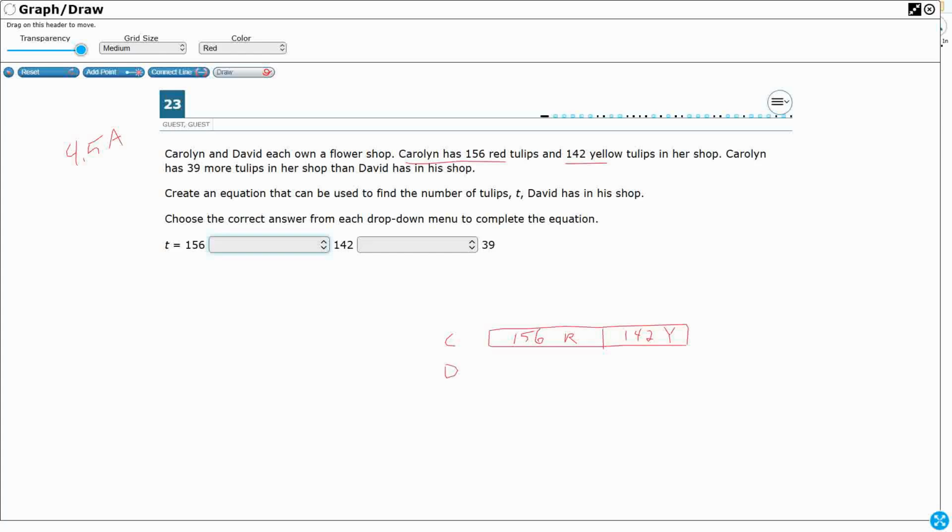So David has almost the same amount. I'm going to draw equal bars, but I'm going to cut a little bit off, and I'm going to say this is 39, and this is David's tulips. So David's tulips are 39 short of whatever Caroline had.